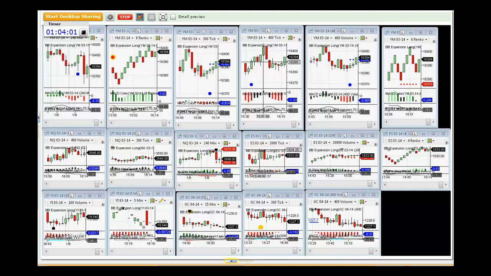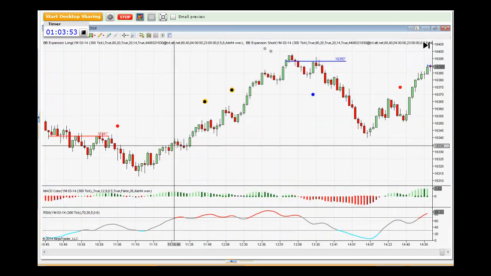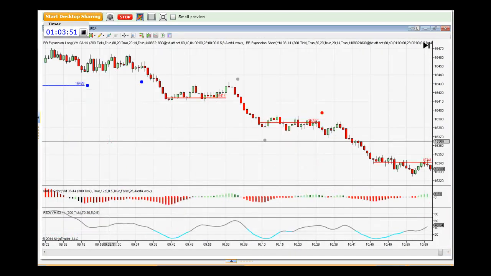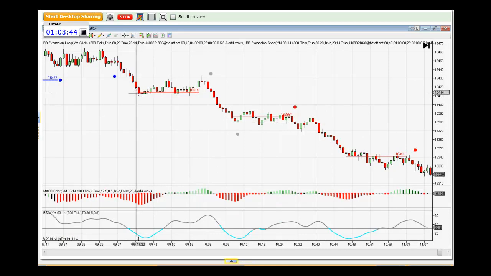I'm going to show a couple, and this is the YM contract from today, and I have a chart here for the 300 tick. And this around here is around the market open, a little bit earlier, but here is the 9:30-ish mark.